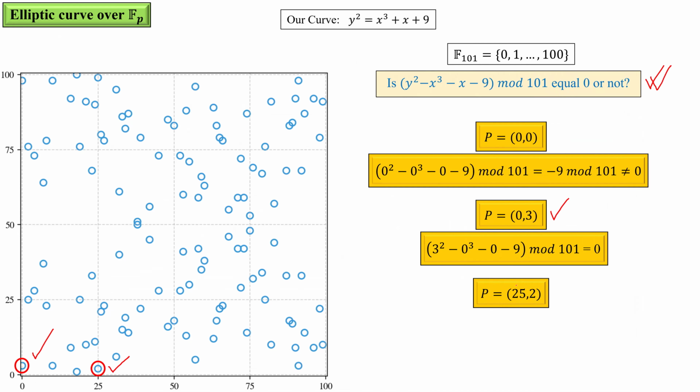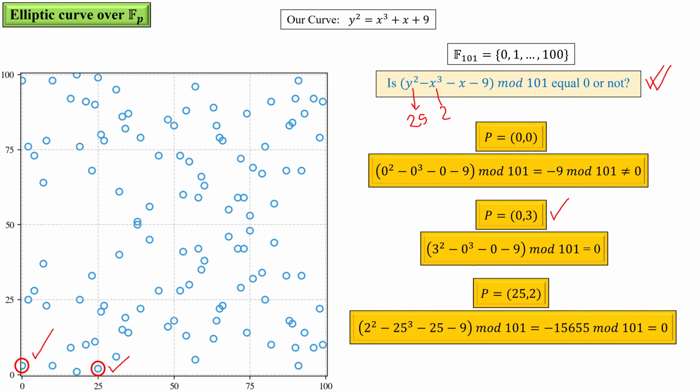So let's put 25 instead of y, and then put 2 instead of x, and then do the computation. You will see that the final computation is negative 15,655.